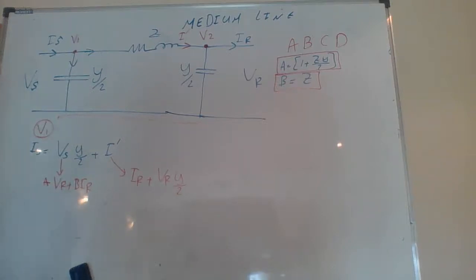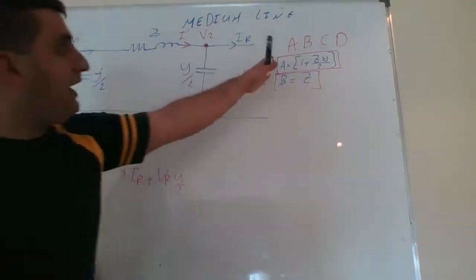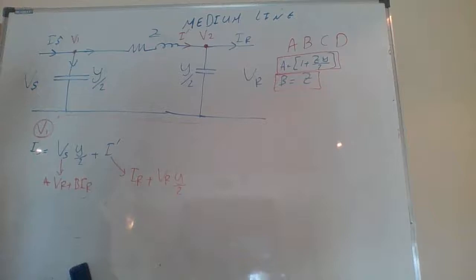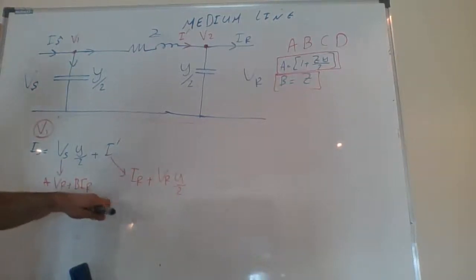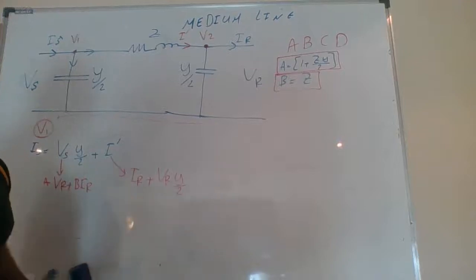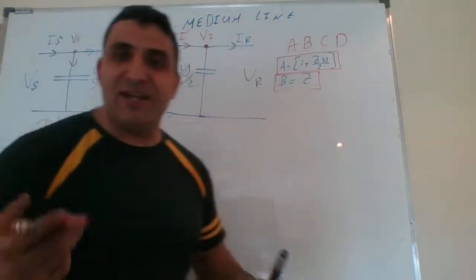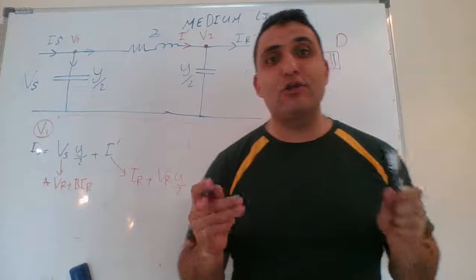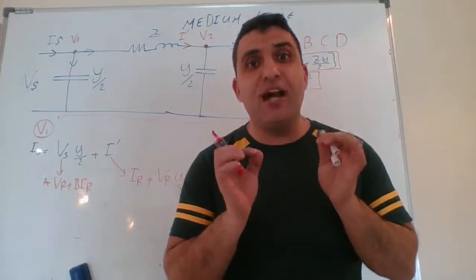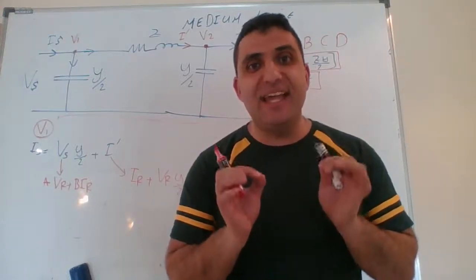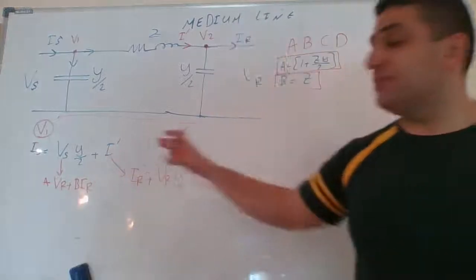A and B are known to me. So therefore, I have IS as a function of VR and IR. And that's what I want to get to, isn't it? If you remember the equation, IS is equal to C VR plus D IR, which is perfect for me.